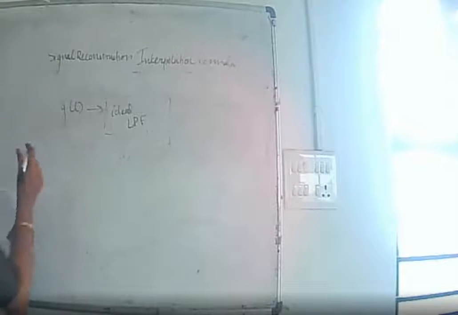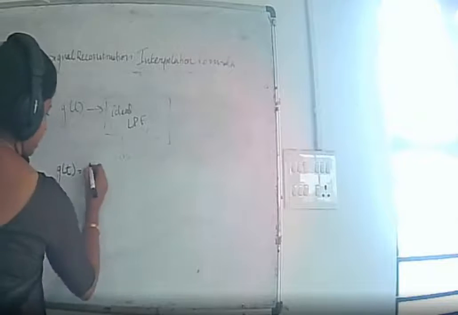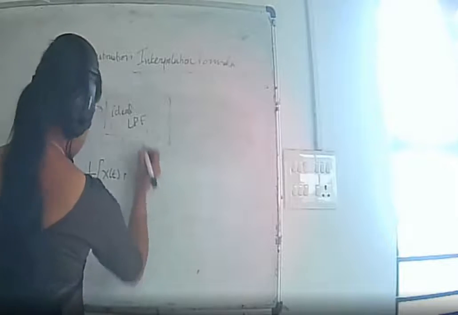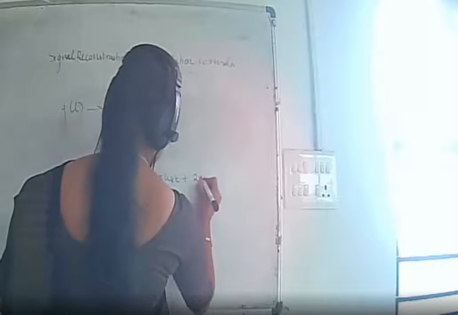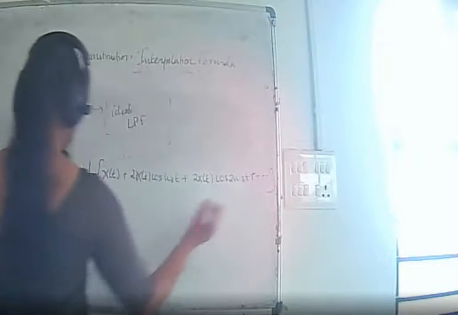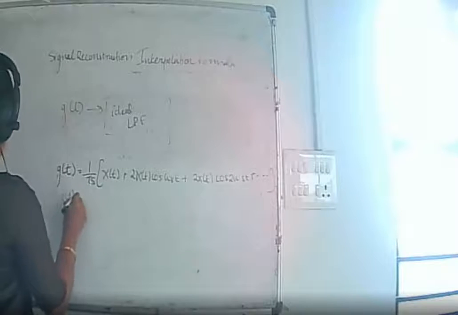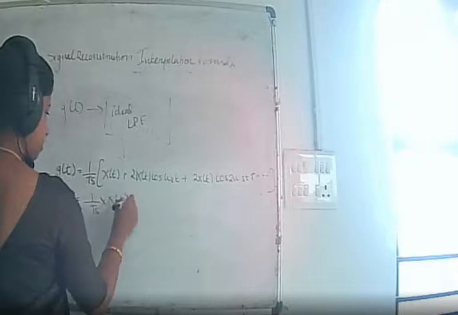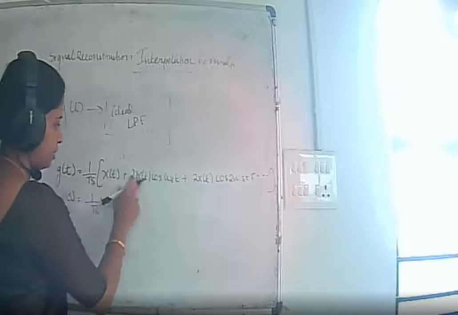Okay, in the last class we discussed the expression for g of t. G of t is 1 by Ts into x of t plus 2x of t cos omega s t plus 2x of t cos 2 omega s t plus etc. Here, the sampled signal g of t contains the component 1 by Ts into x of t.